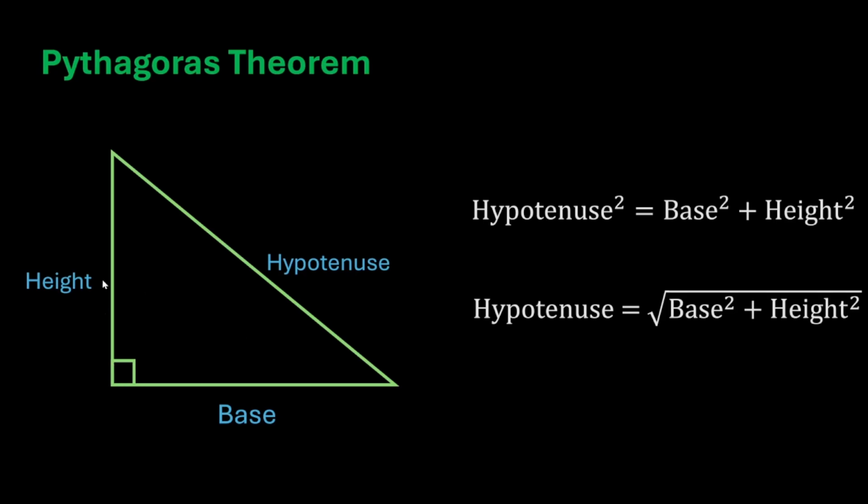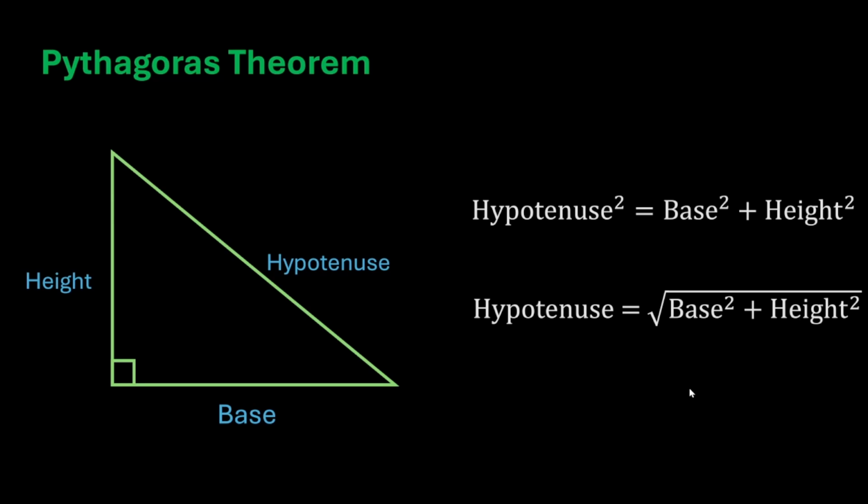This is its base and this is its height. The side which is in front of this right angle is called hypotenuse, and its square is equal to base square plus height square, right? So hypotenuse can be written as square root of base square plus height square.